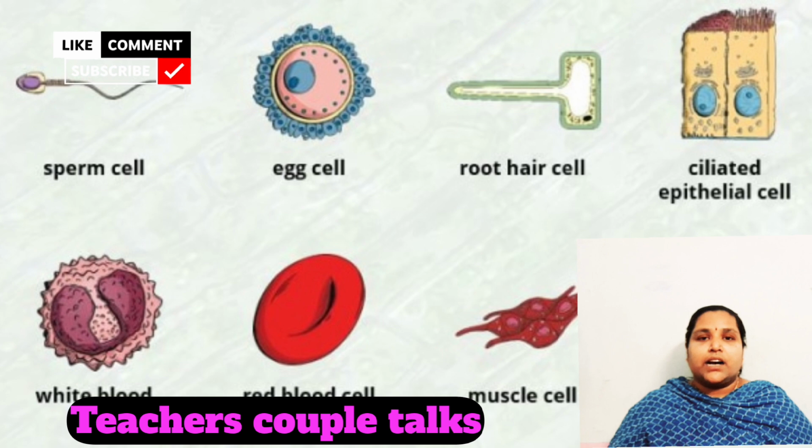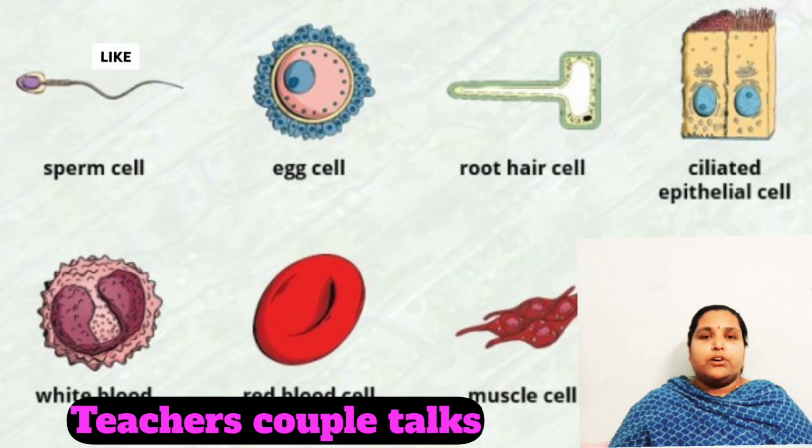Next, blood tissue. Blood is also a connective tissue. It has glucose, amino acids, proteins, vitamins, and hormones. Blood has cells of three types, called corpuscles: red blood corpuscles, white blood corpuscles, and blood platelets.